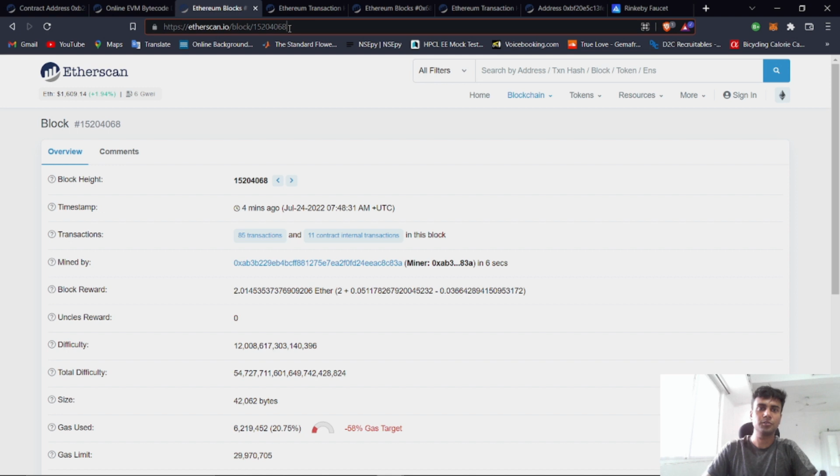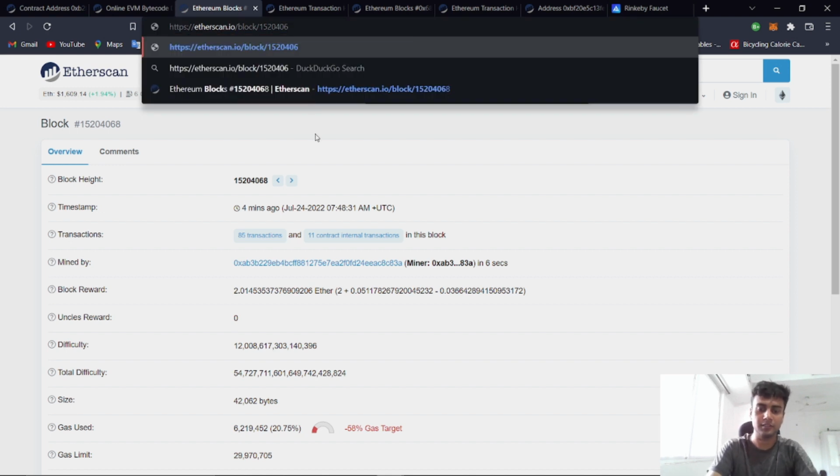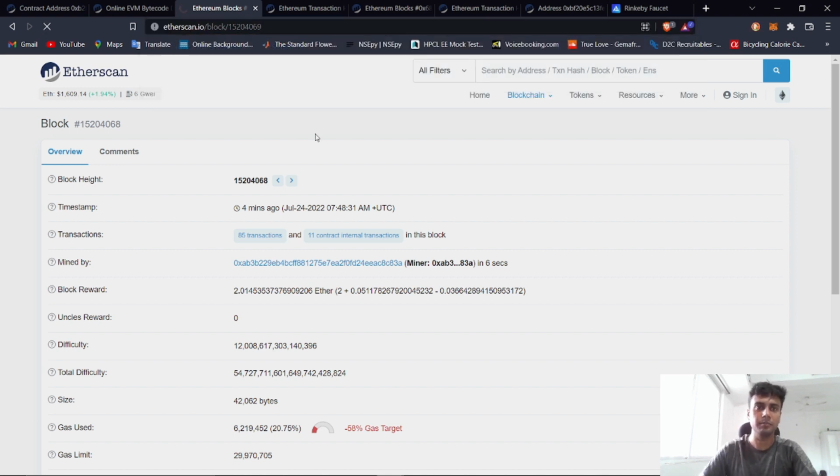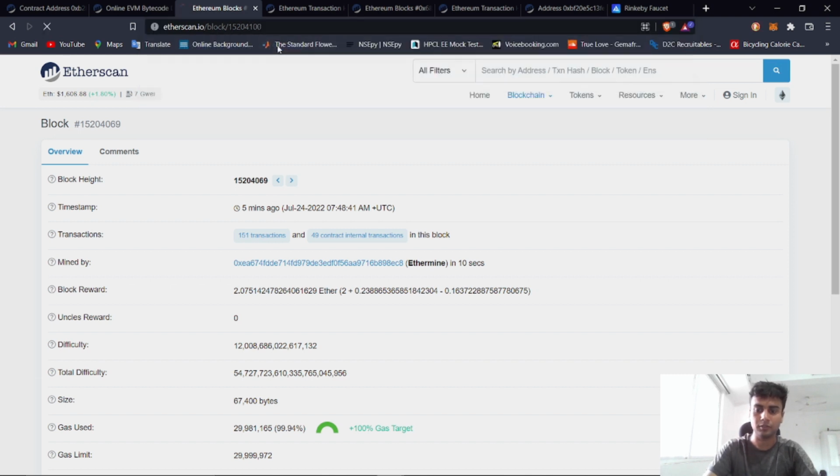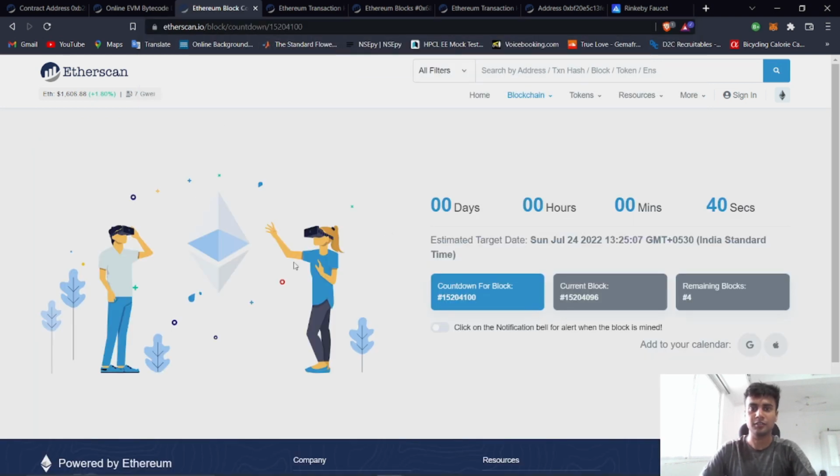We can just change it here also. 969, maybe it will have been mined by now. Yeah, it is done. It is mined. So we'll go to a further number, we'll go to 100. Yeah, it is not blocked yet. Okay, so estimated target date. This is it, and it will be blocked after 33 seconds.